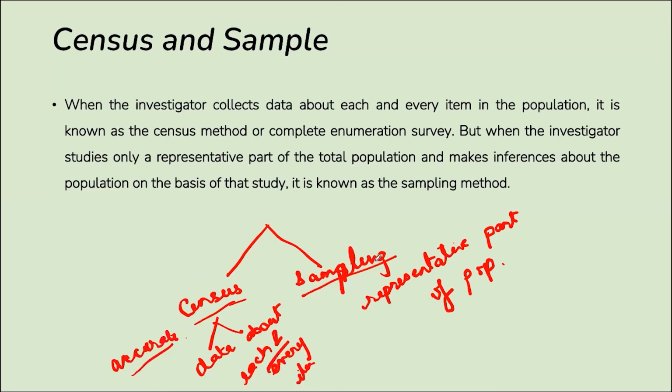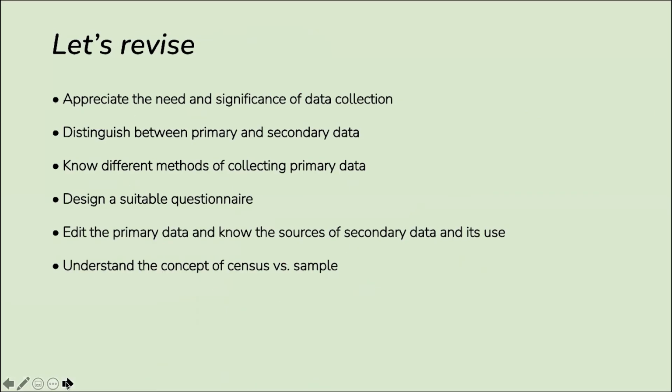If a sample is representative of the population, then it usually yields correct information about the total population. And you should know that out of the census and sampling method, the most popular method is sampling method. Why? Because it is more convenient, and secondly, census method is not possible in all cases.